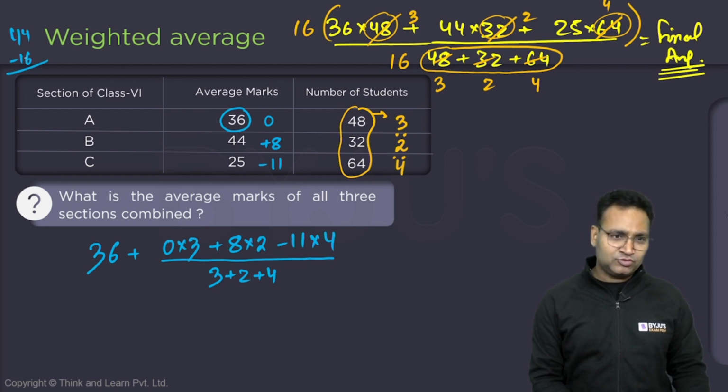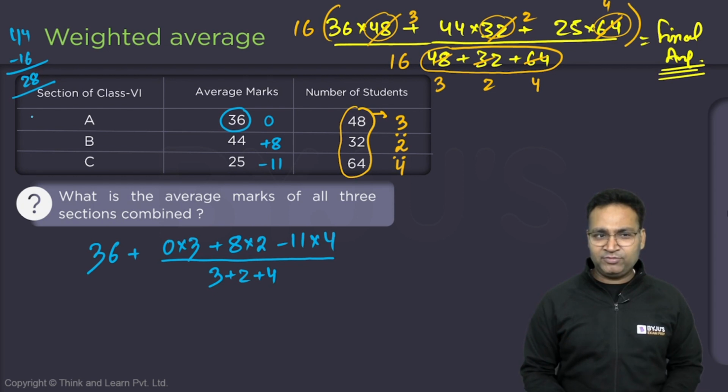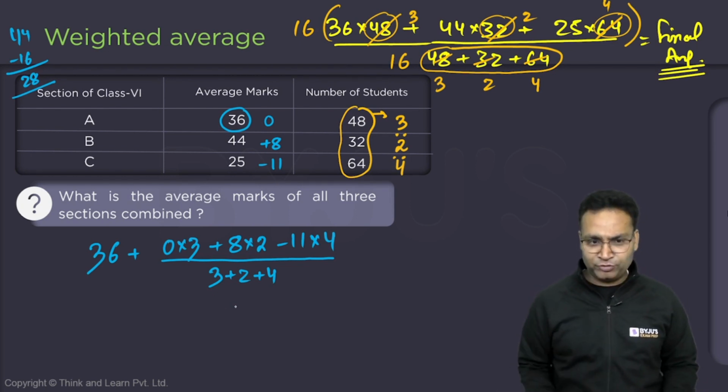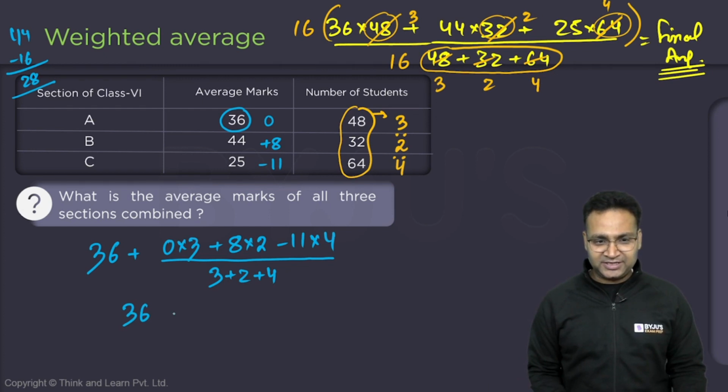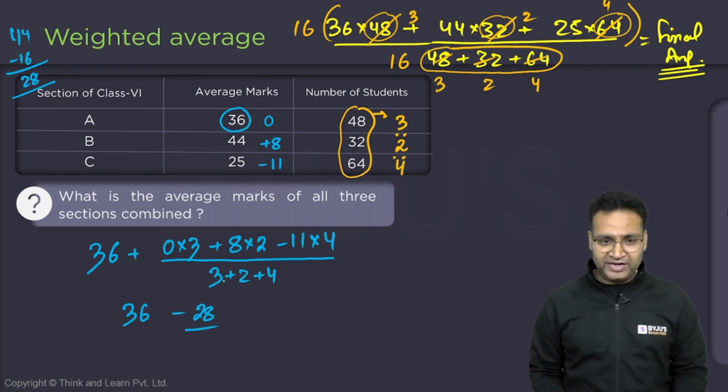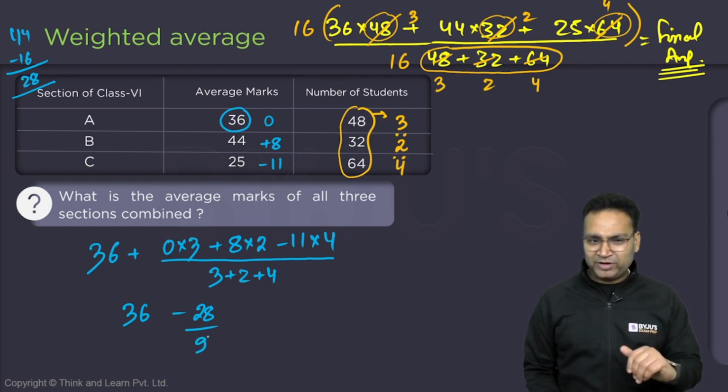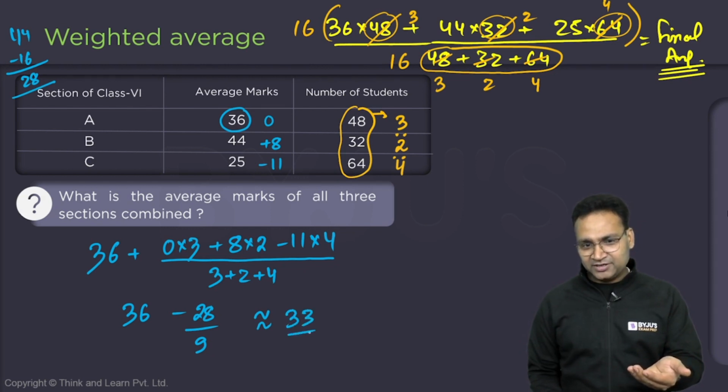So what is it, guys? 28. 28 plus 6 is 34 and 10, 44. Can I say this is 36 minus 28? Because the bigger number is negative. Divide by 3 plus 2 plus 4. So approximately, if I look at 9 threes are 27, I can say the answer is nearby.